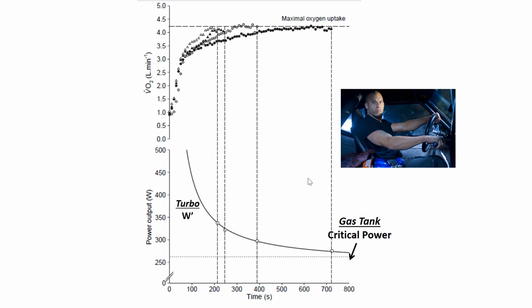So what this leads up to is an explanation of the critical power concept. I've got a picture of the award-winning best actor, Vin Diesel, right? You've seen the movies. Now here, learn the rules. We've got the gas tank.